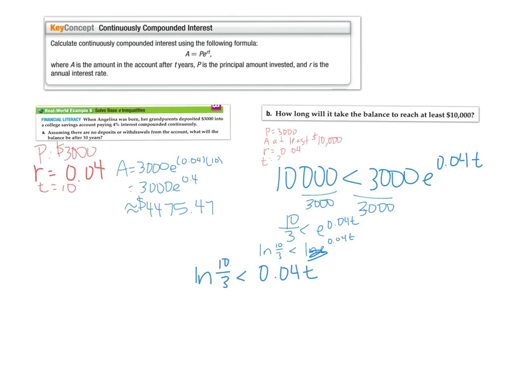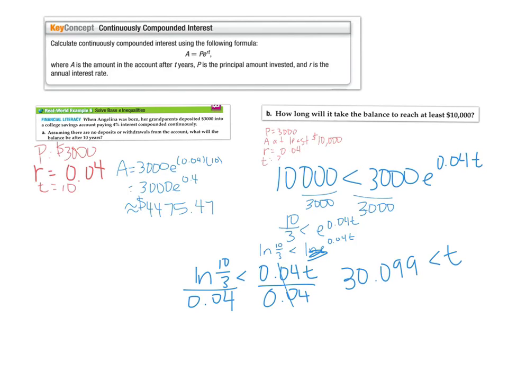Now all we need to do is solve for t. We divide by 0.04, and plug the left-hand side into the calculator, and you're going to get just about 30.099 is less than t. So what this means is that it's going to take about 30 years to reach at least $10,000.